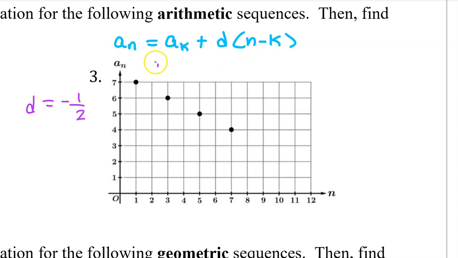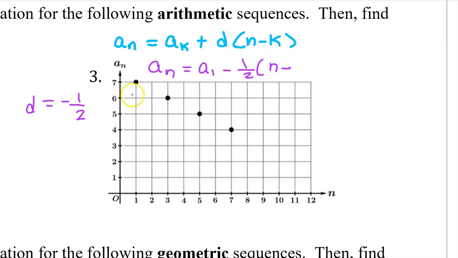So I'm going to begin to write the rule. an is equal to. I'm just going to use a1 as ak. So maybe I'll just go ahead and write a1 for a second. So a1, and then d is -1/2, so I will just put -1/2, and then it's n minus k.